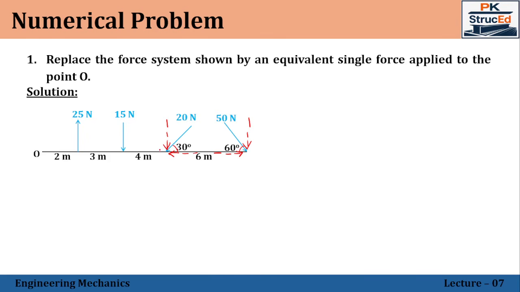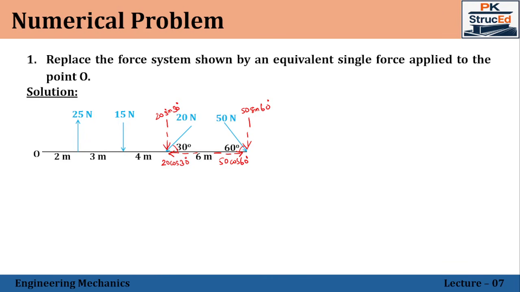Since the angles are given with respect to the horizontal, the horizontal component will be cos theta. That is here, this one is 20 cos 30 degrees, and this will be 50 cos 60 degrees. Since the horizontal components are cos, vertical components will be sine. So this will be 50 sin 60 degrees, and this will be 20 sin 30 degrees. So now we have the resolved components of all the forces about x and y.